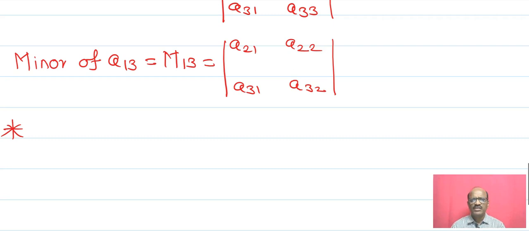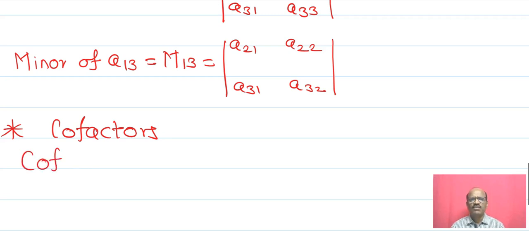Now the next point is cofactor. Again, this is a simple thing to find out, the cofactor. Those students who can find out the minors can easily find out the cofactor because they are interlinked.